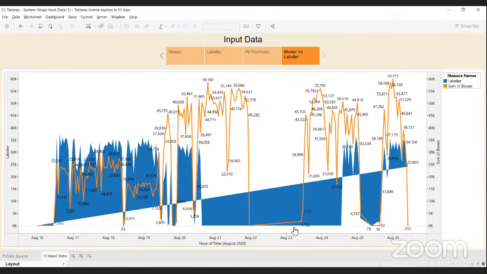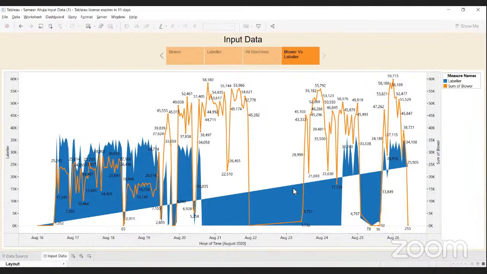In the same way, if we perform a comparison between the labeler and the filler, like we spoke about, you can probably see a similar trend for those two machines. So this is an interactive way of checking if there are any similarities or differences between two machines.